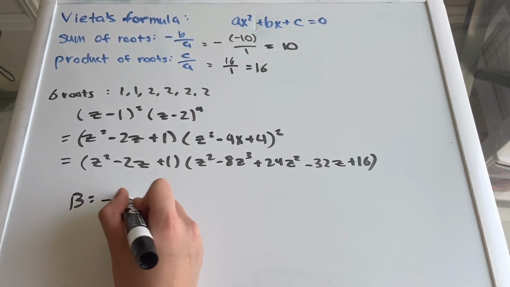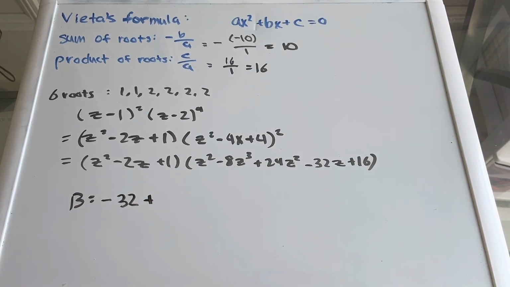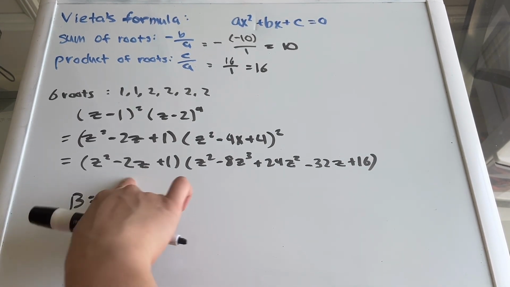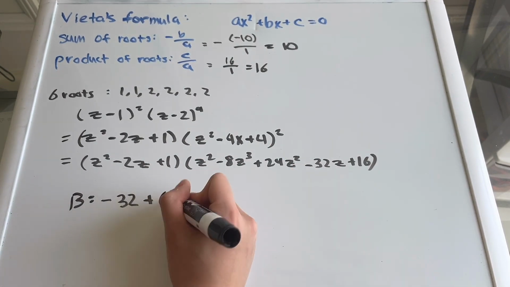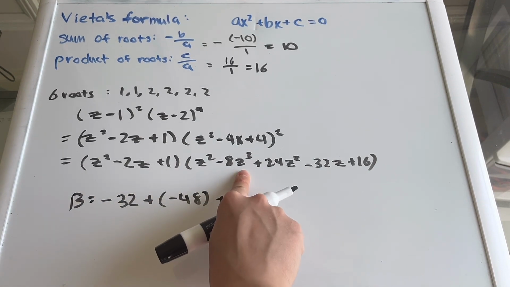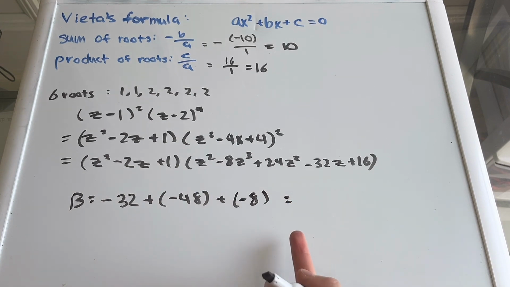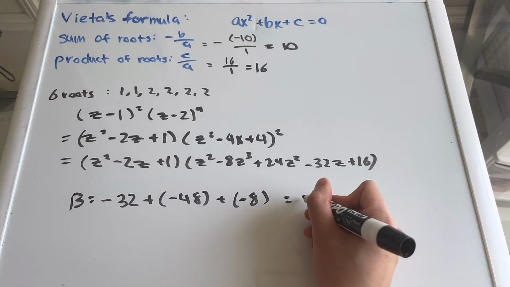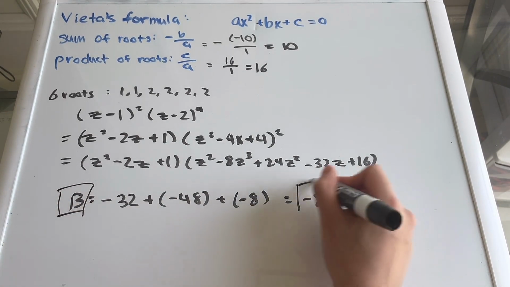So the first one will be negative 32, the coefficient, and then you add the second possible one, negative 2z times 24z squared. Multiplying those two together, we get negative 48, and then 1 times negative 8z to the 3rd power, and there are no more for this one. Adding these all together, we get negative 88. So we can see that b is equal to negative 88.